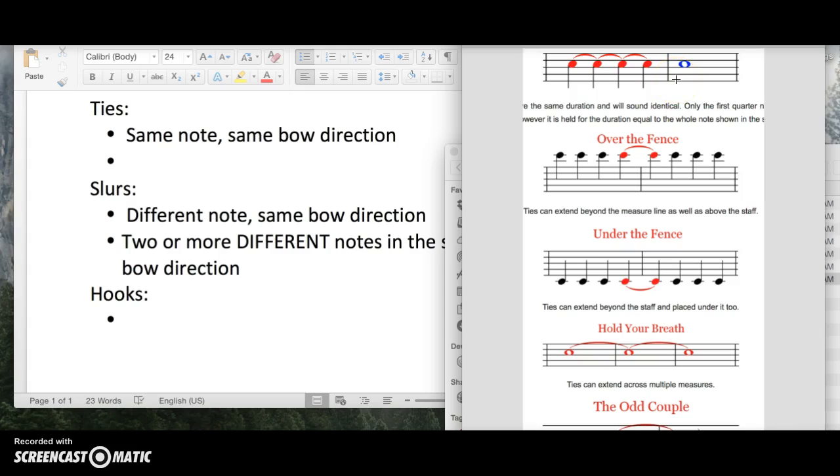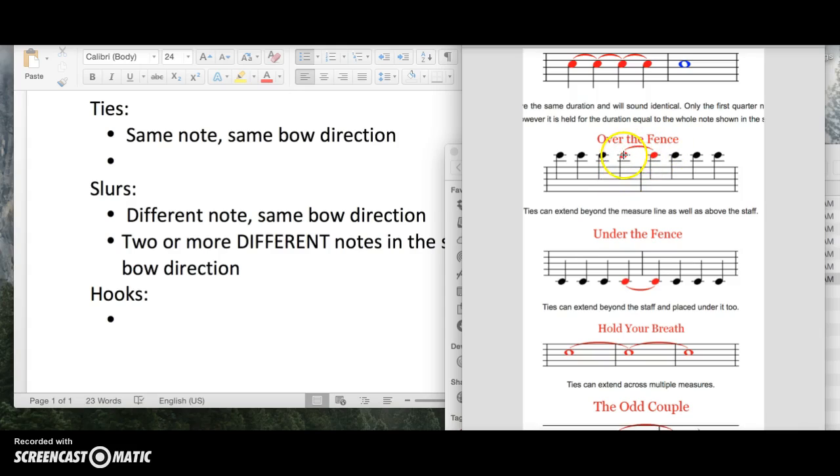But ties are special because they can go over the bar line. If you notice right here, here's our bar line that separates measures, and we can go over the bar line with a tie. So this would have 2 beats, but it would start on beat 4 and continue through beat 1 on the next measure. So we can go beyond the bar line, and we also have above and below the staff.